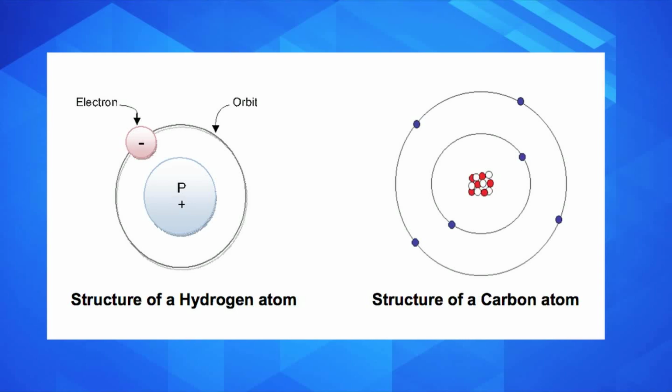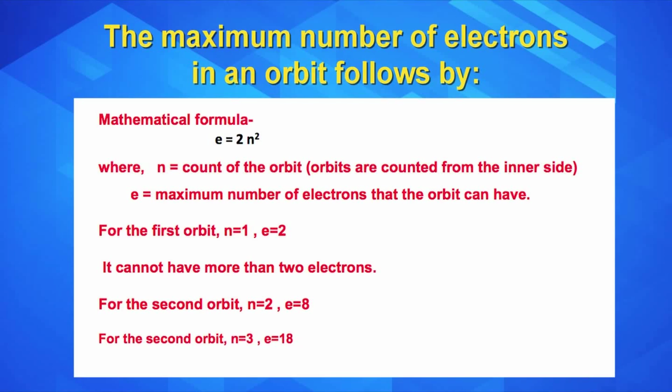The maximum number of electrons that the orbits can hold follows this mathematical formula: E equals 2n squared, where n is the count of the orbit and E is the maximum number of electrons that the orbit can have.